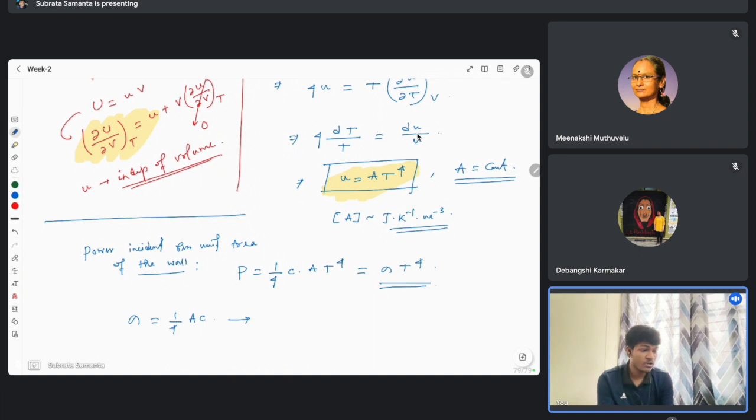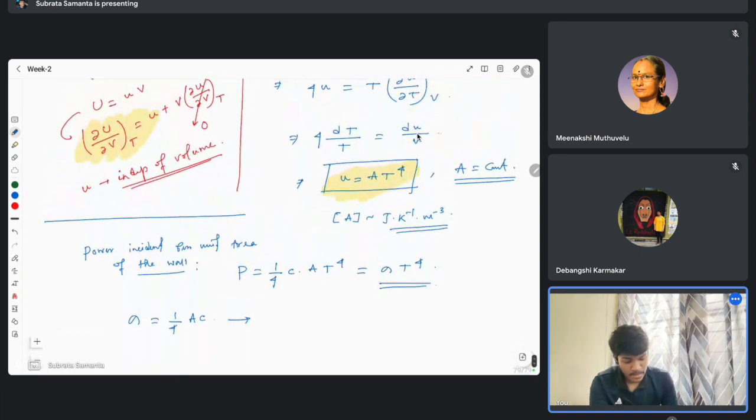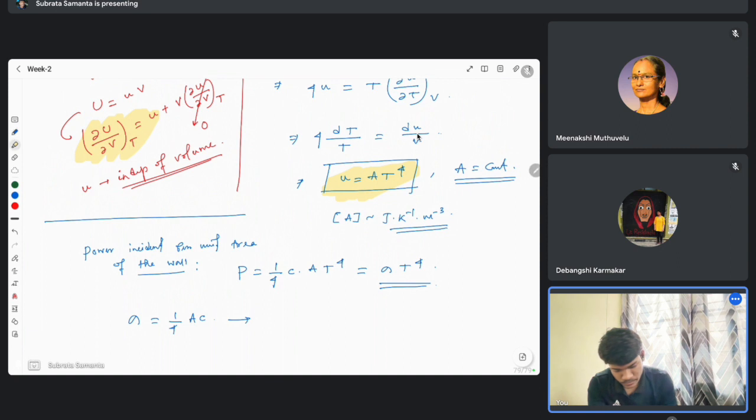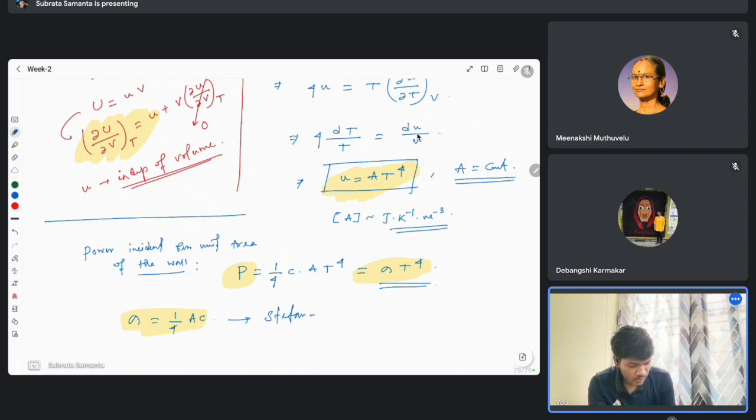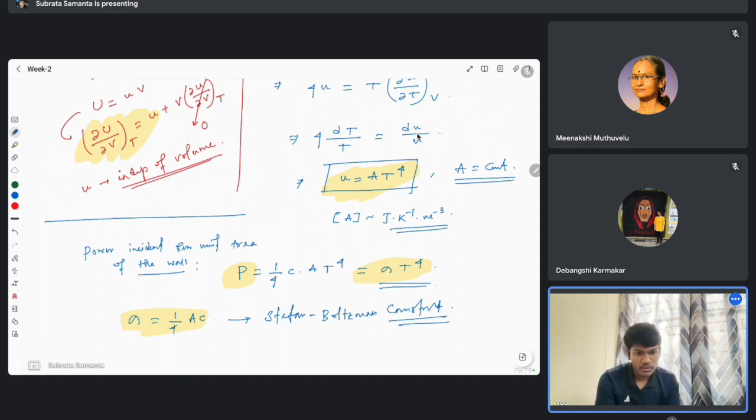This is called the Stefan-Boltzmann constant, and this is Stefan's law, the Stefan-Boltzmann law.